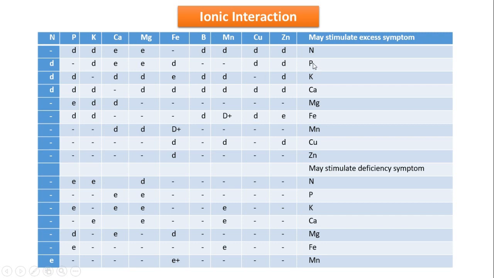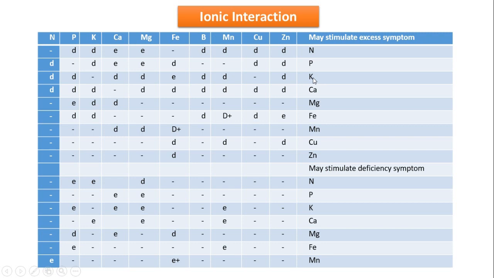And similarly, for phosphorus, N will be deficient, potassium will be deficient, calcium will be excessive, magnesium excessive, iron deficient, boron and manganese no interaction, copper will be deficient, zinc will be deficient.